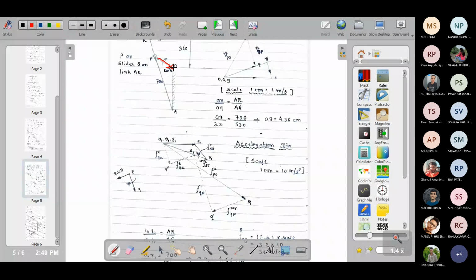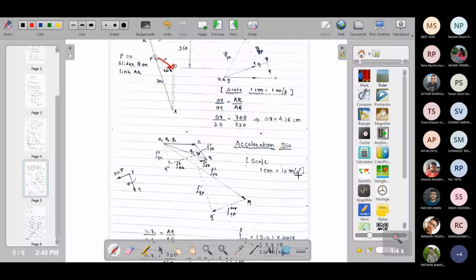Because the tangential component is not given, you will have only one component, the radial component, with magnitude V square by R, that is V PO square divided by the length OP. Now this is 96.8. I have taken the scale 1 centimeter equals 10 meter per second square.